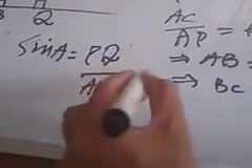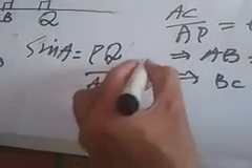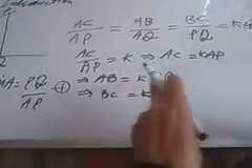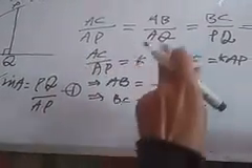Now suppose I name the first one and here I write sine A. BC equal to K times PQ. So I will write K times PQ divided by AC equal to K times AP. K and K will get cancelled. I got PQ by AP.